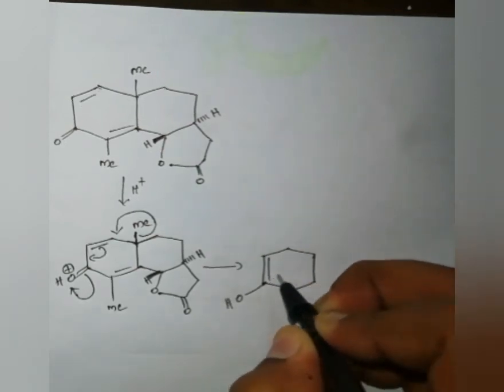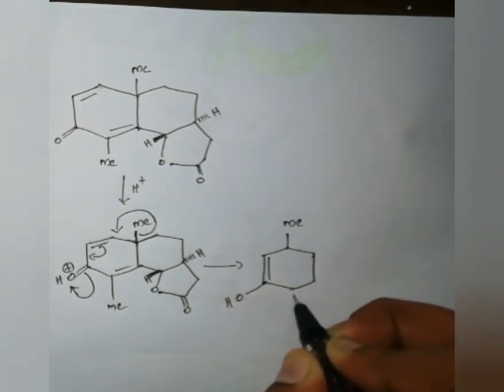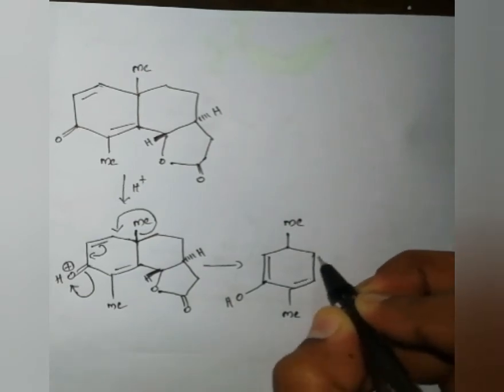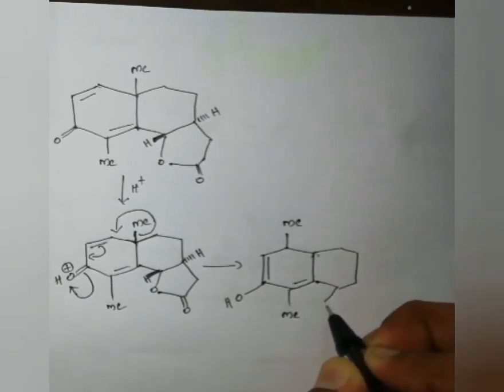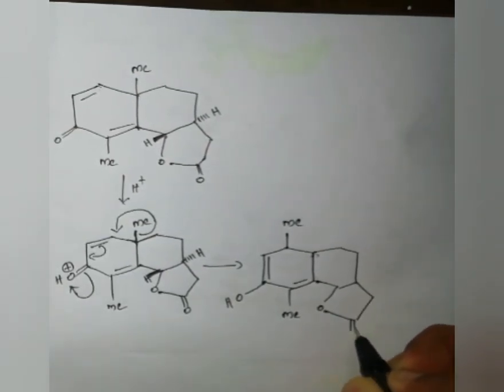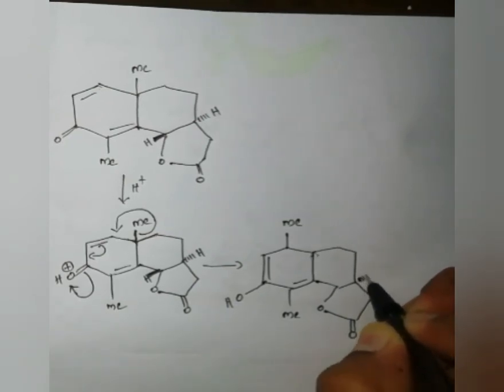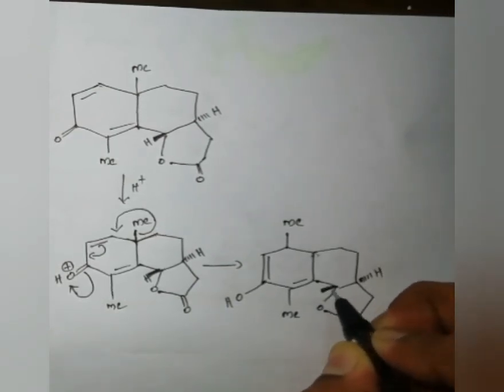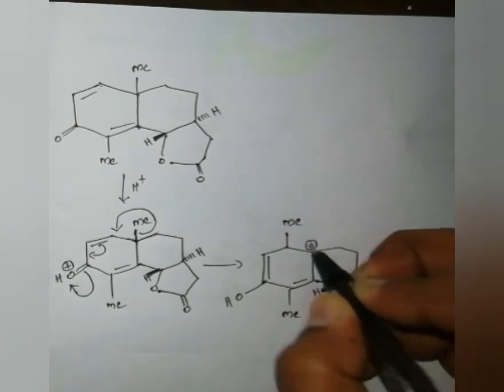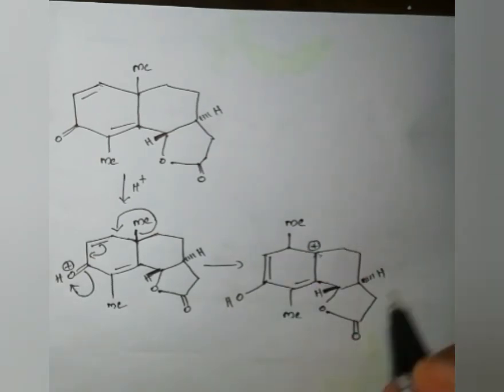OH. Here a methyl group, here also one methyl, and this is the ring. And this is the tertiary carbocation formed.